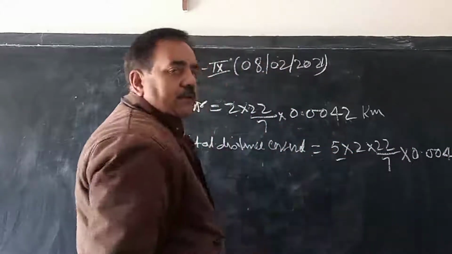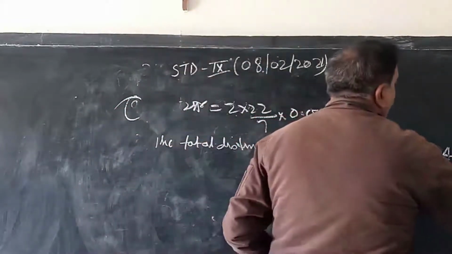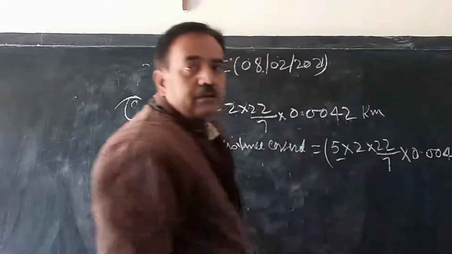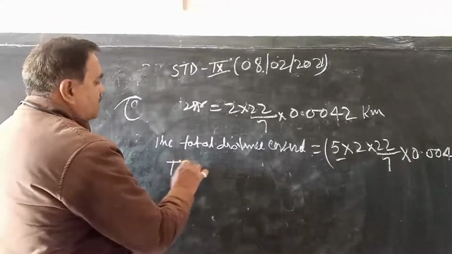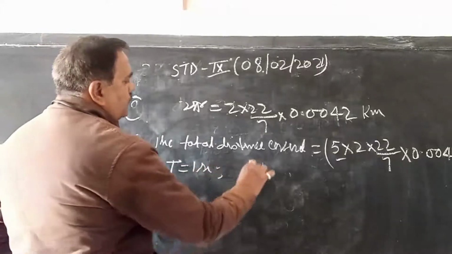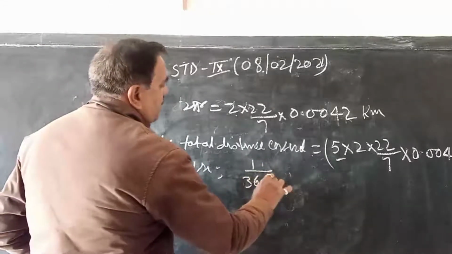Fine. This much kilometer is covered by the wheel in 5 revolutions. Right? Now the time is 1 second. Change into hour, so 1 by 3600 hour.